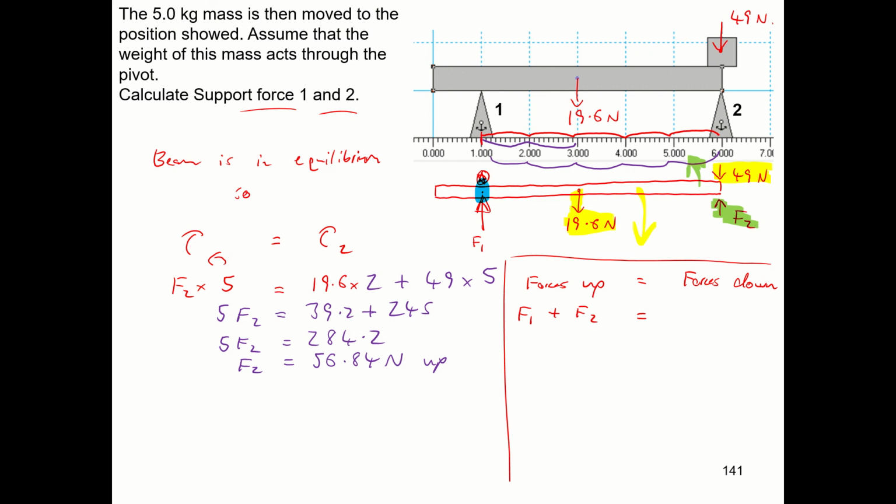And the forces trying to push it down are the 19.6 newtons and the 49 newtons. But we just figured out that F2 is 56.84. So that has to equal the numbers on the other side. So we'll just sum those.